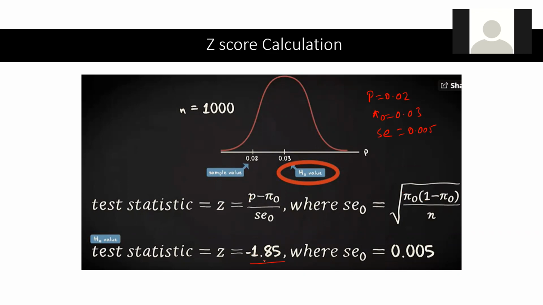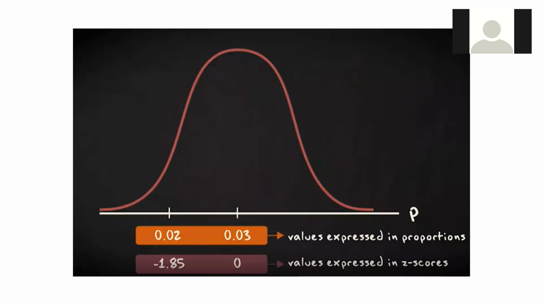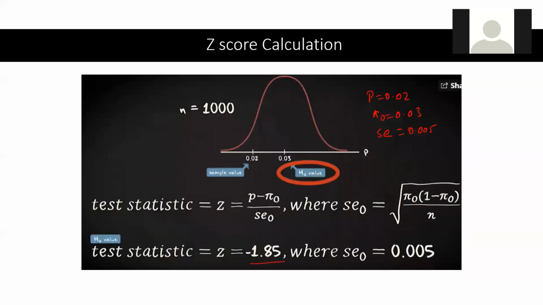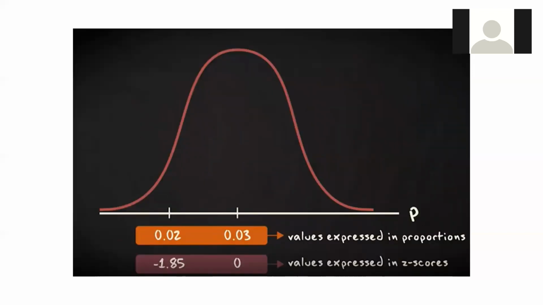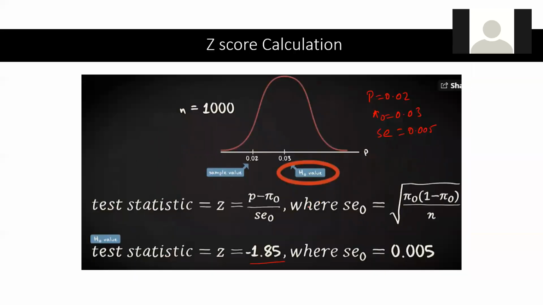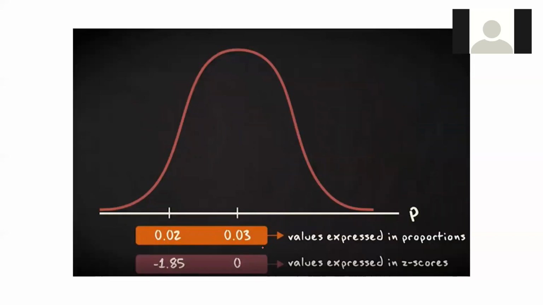At the center point your z score will be 0, because p and pi naught are both 0.03 here. At this point it is minus 1.85.